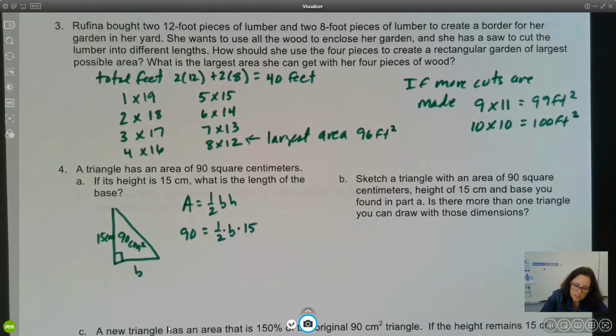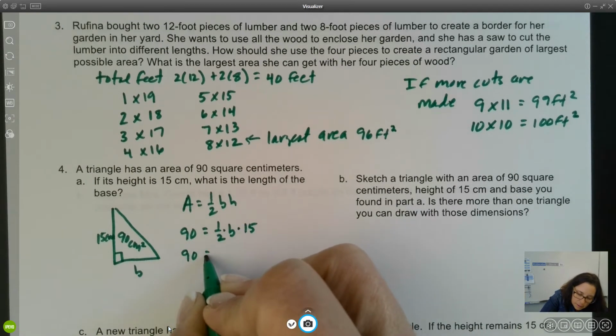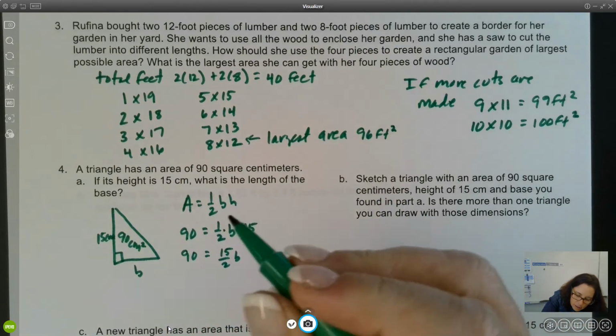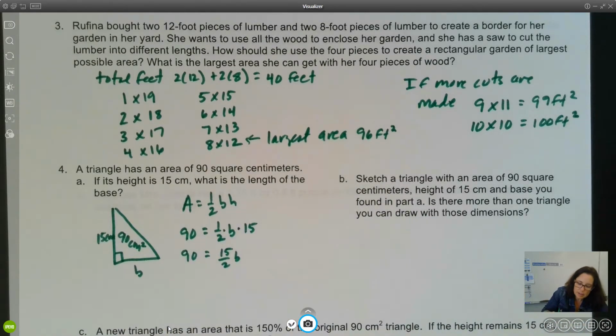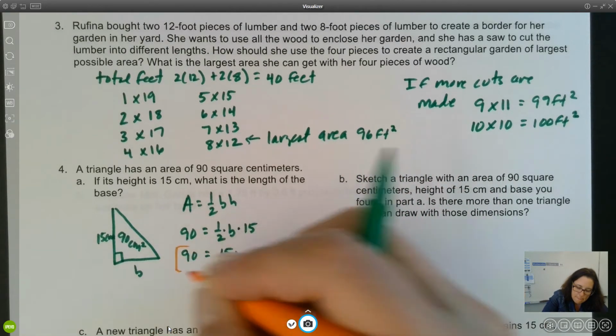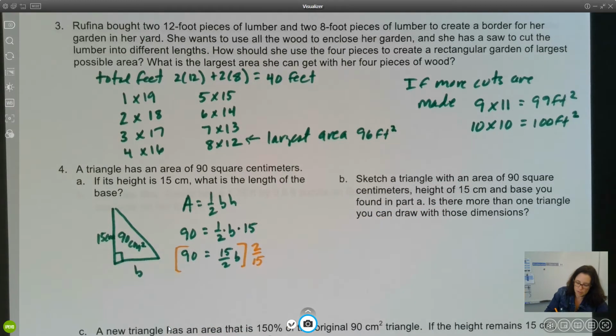All right, so I'm going to tighten this up a bit. This would be 15/2 B. Okay, can't I multiply this by 2 and divide by 15? I'm going to do that all at once.